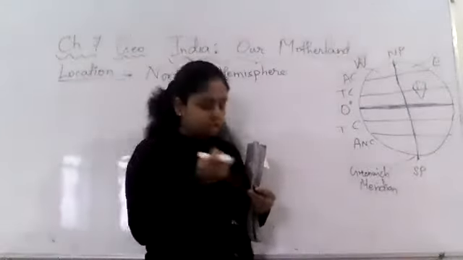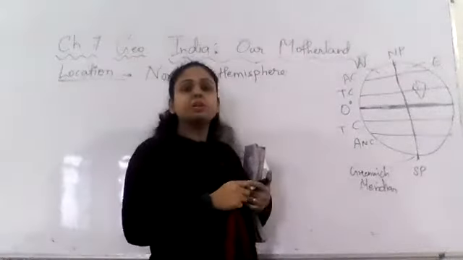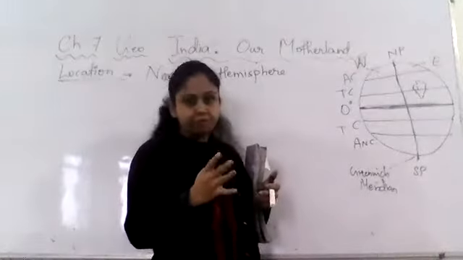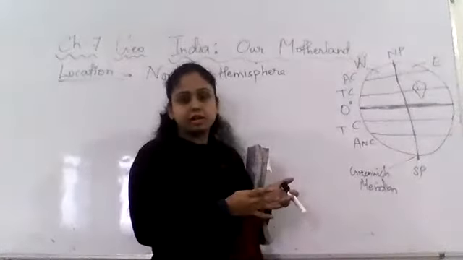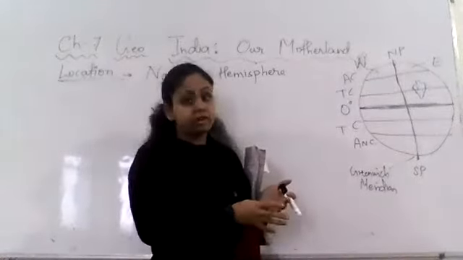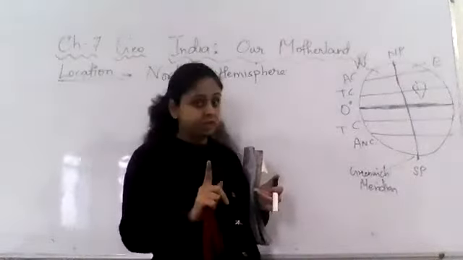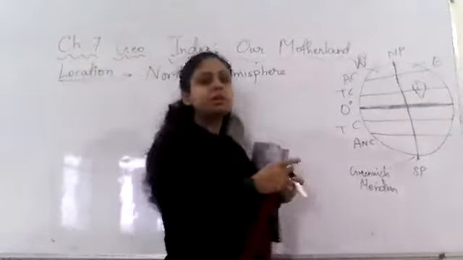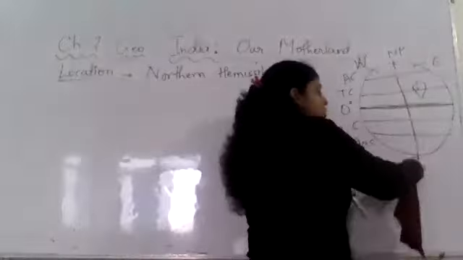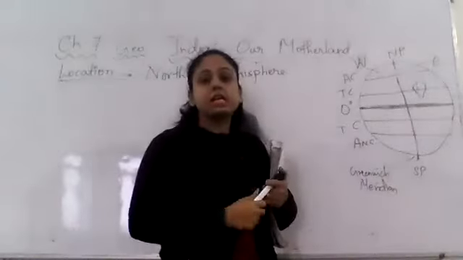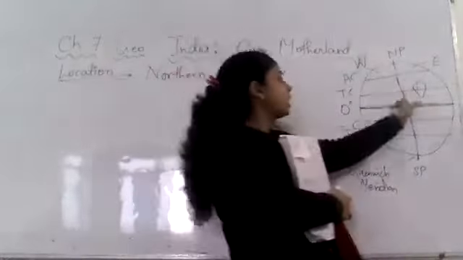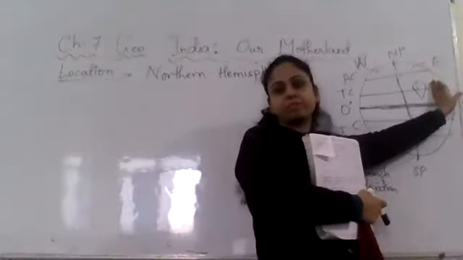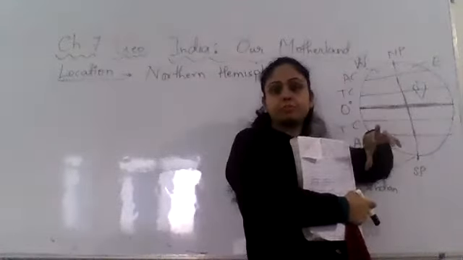As per the division of latitude, what is the location of our country? It is the northern hemisphere. As per the division of longitude, where our country is located, it is in the eastern hemisphere. Understood?